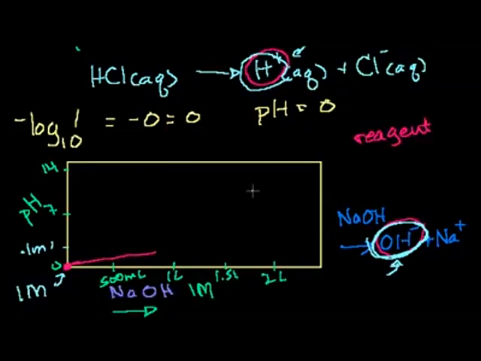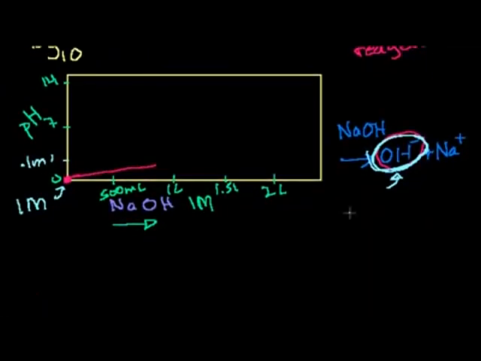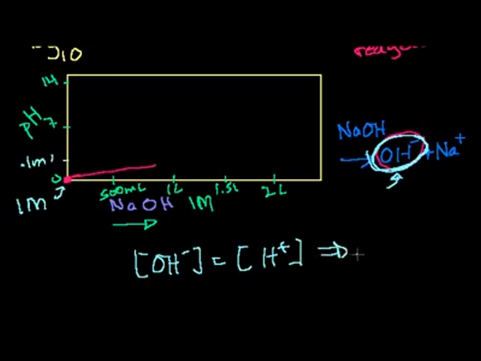And if you think, well, what happens when there's an equal amount of hydroxide and hydrogen? Then you're neutral. This is just like water. You're at a pH of 7.